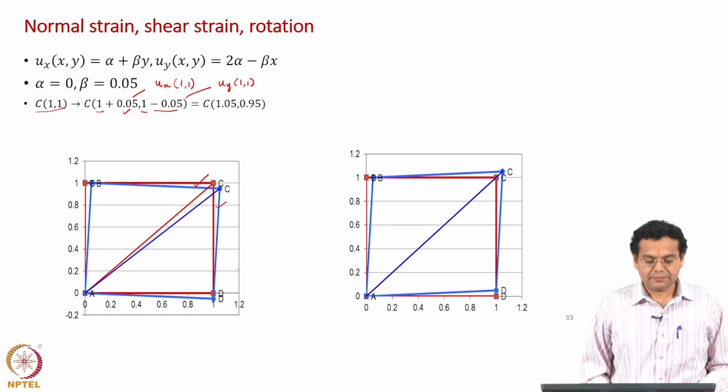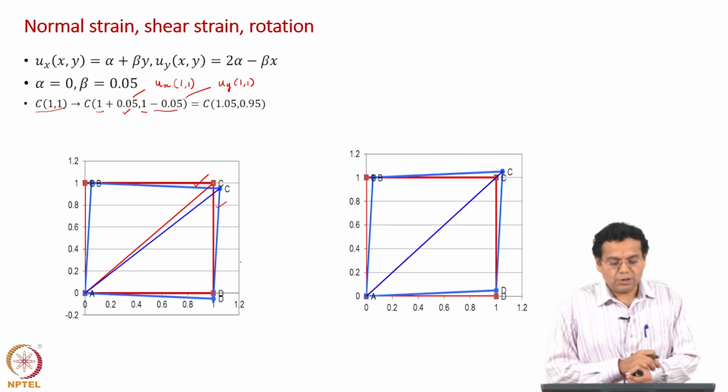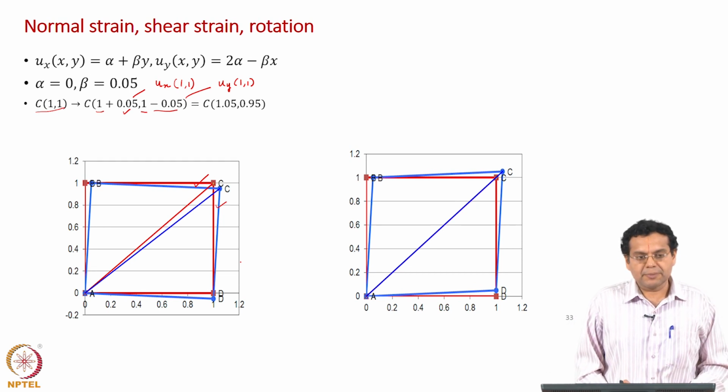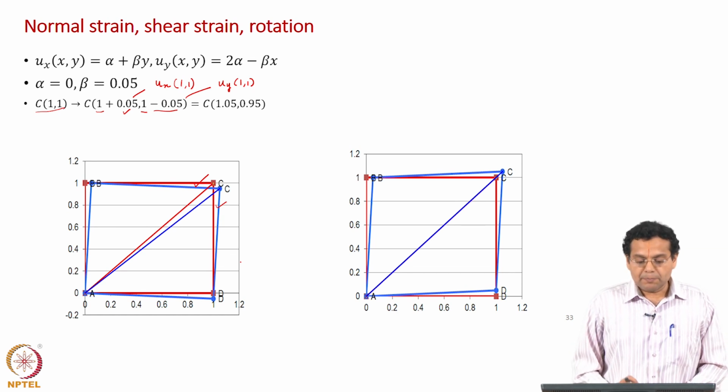So, the x coordinate is the old x coordinate 1 plus the x displacement evaluated at 1 comma 1, which is beta, which is 0.05. The y coordinate is the old y coordinate 1 plus the y displacement evaluated at 1 comma 1, which is minus beta, which is minus 0.05.